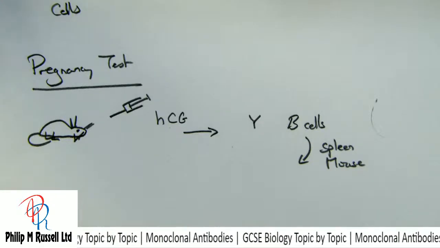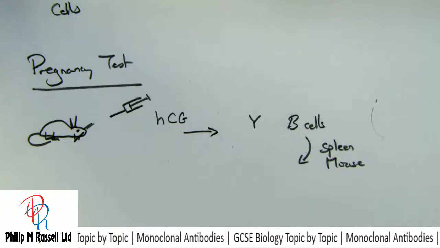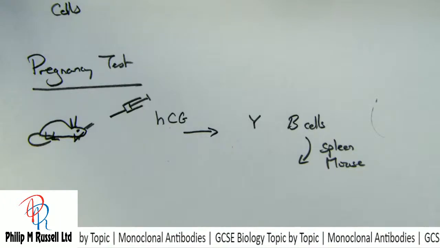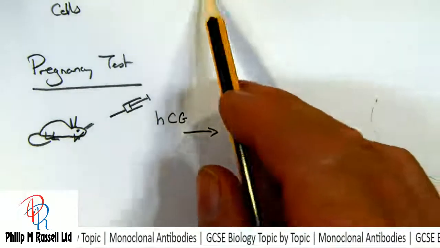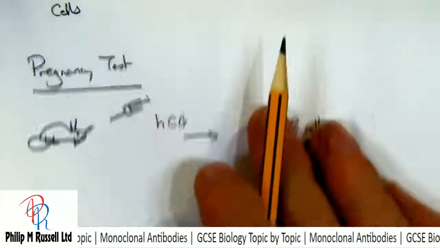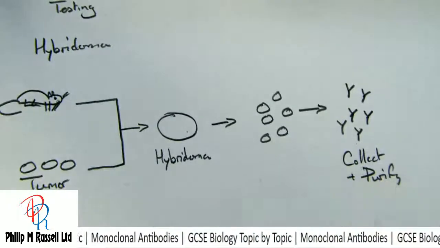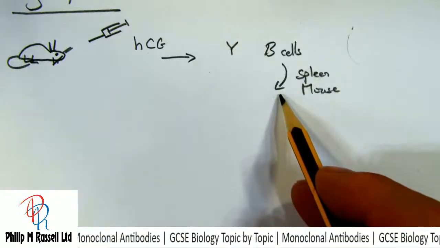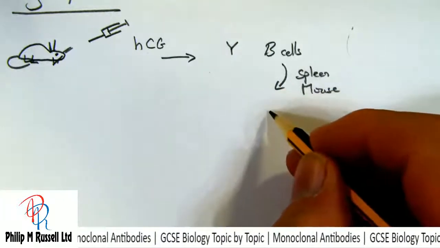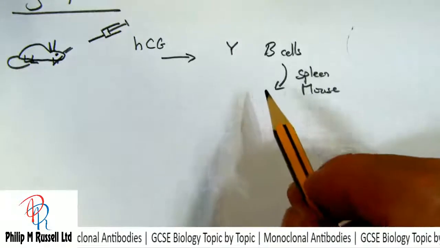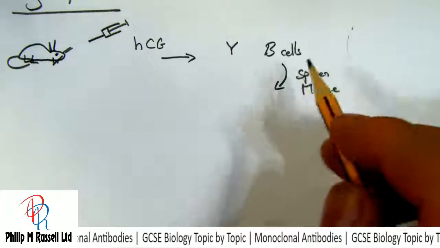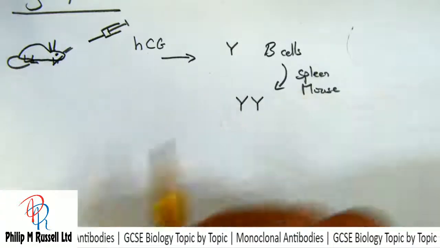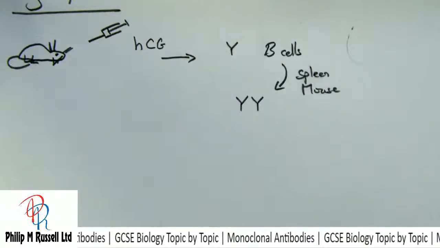However, we're finding that these cells, these hybridomas, are very useful in trying to make these cells which can now produce antibodies for you. So we've got those, and we're going to join them up. So we've got this system now where we're making lots of these antibodies.